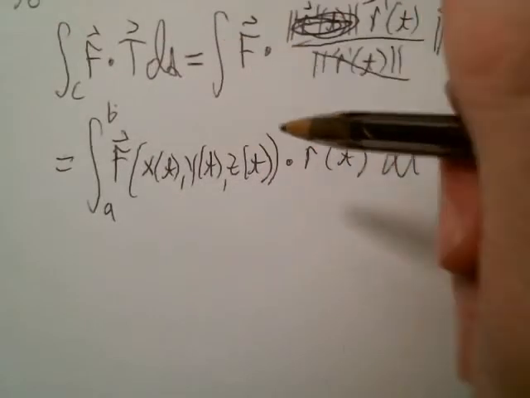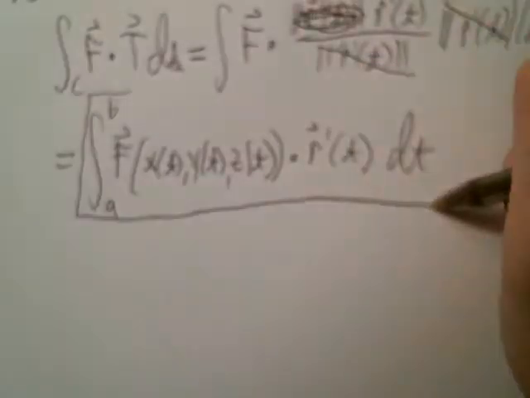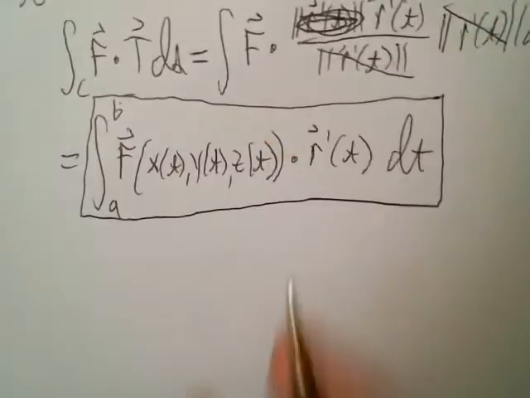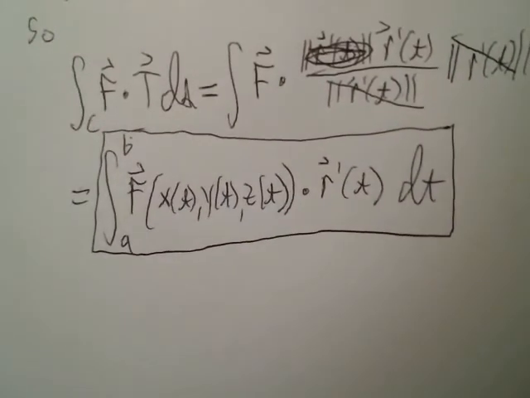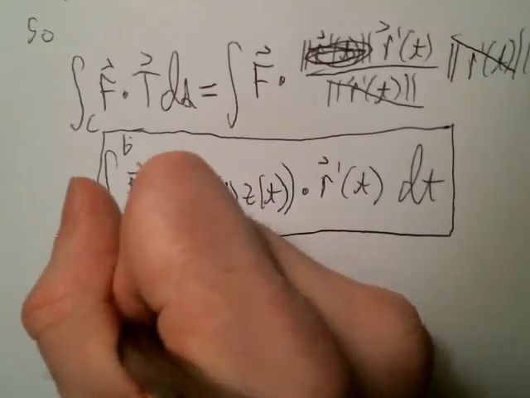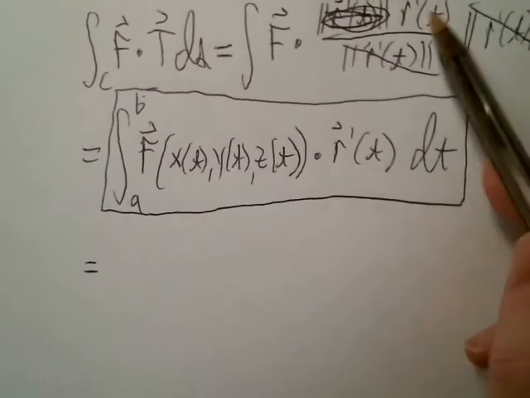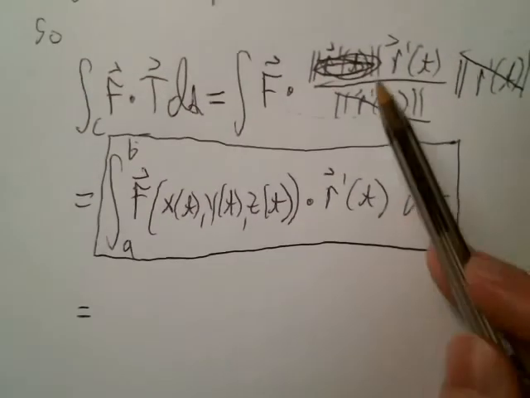There's also another way of writing this that will hopefully lead to another interpretation of this line integral in a different form. How do I get my hands on that? It's a matter of rewriting this again.